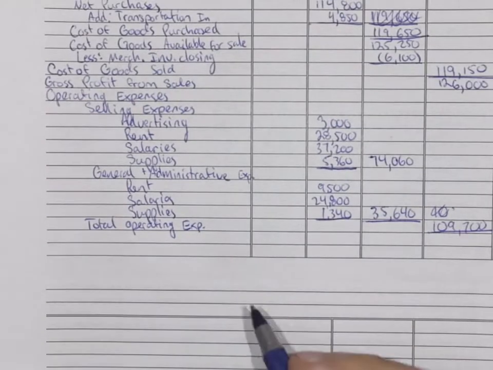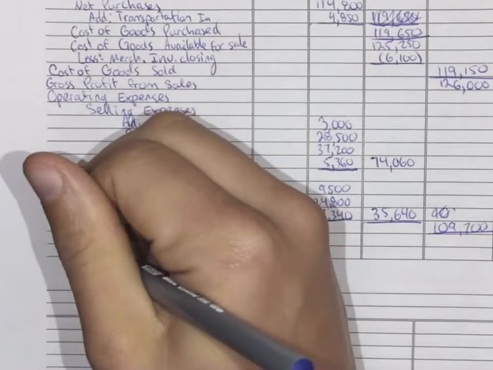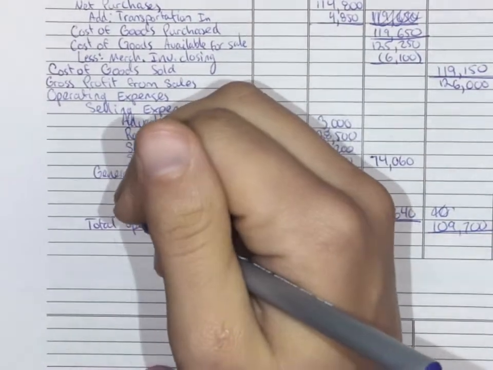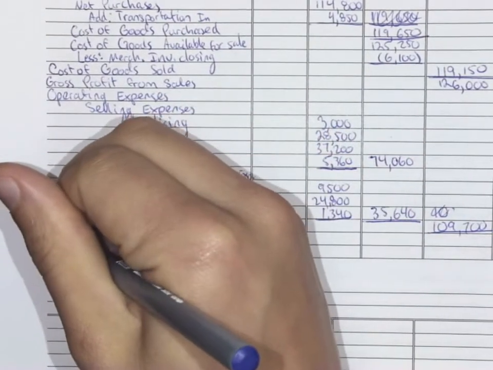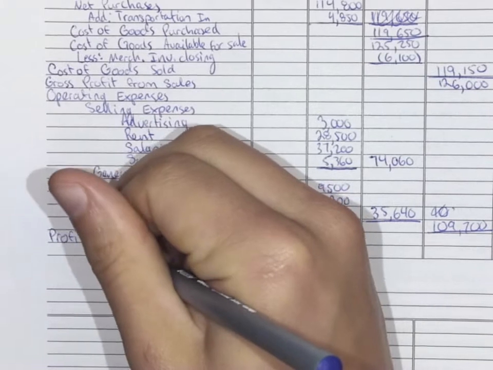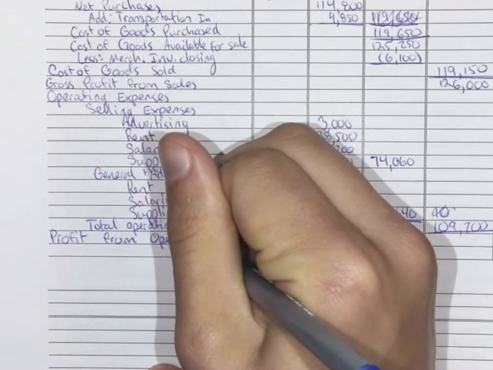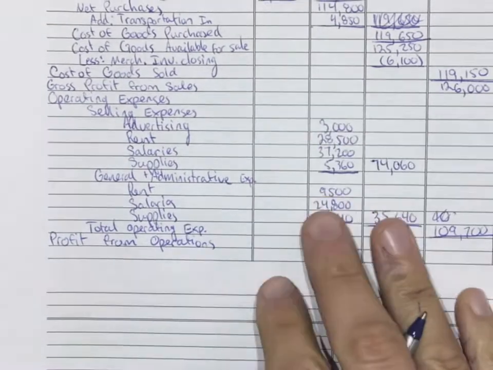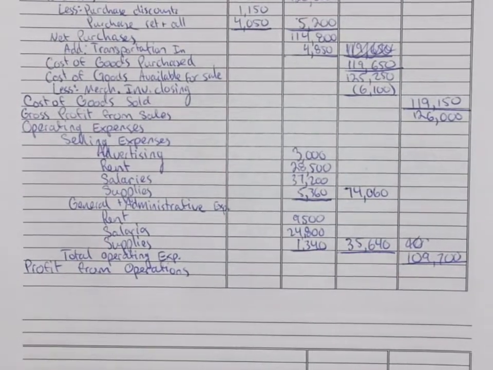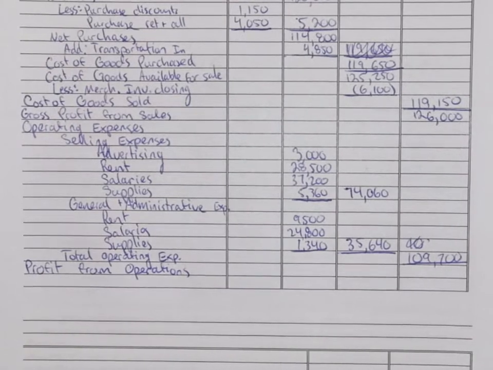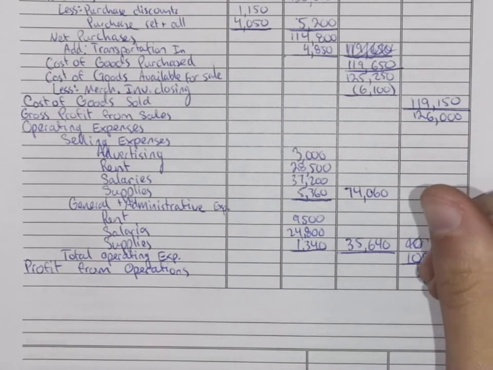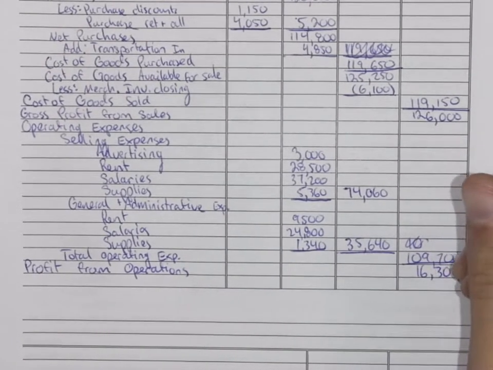We're going to run out of space here, so I'll just keep going into this spot here. We have our profit from operations. We got 16,300.